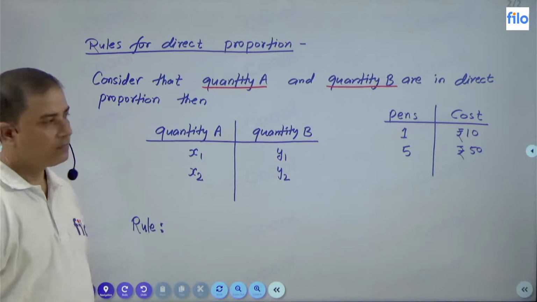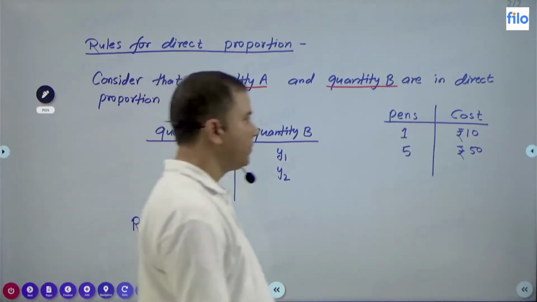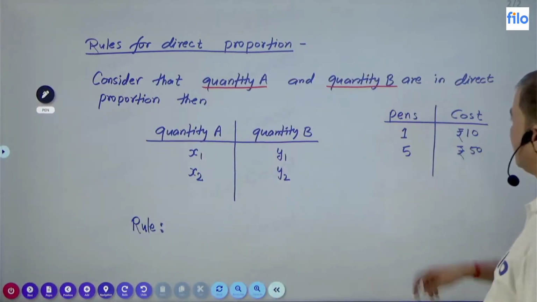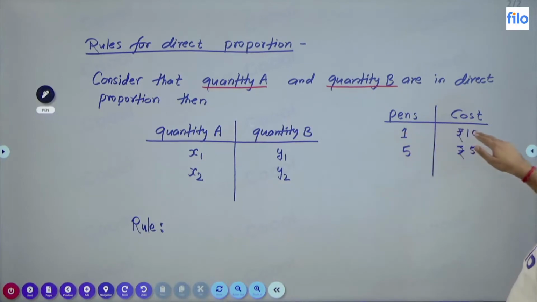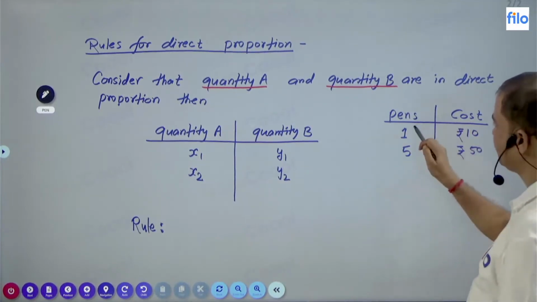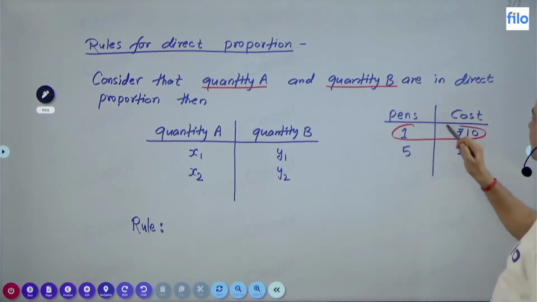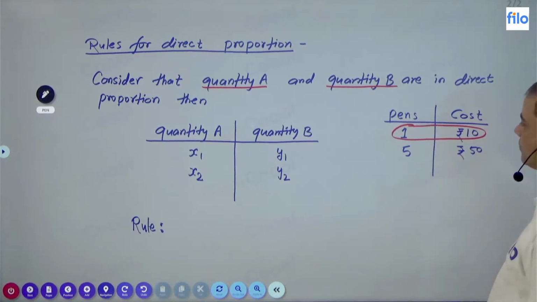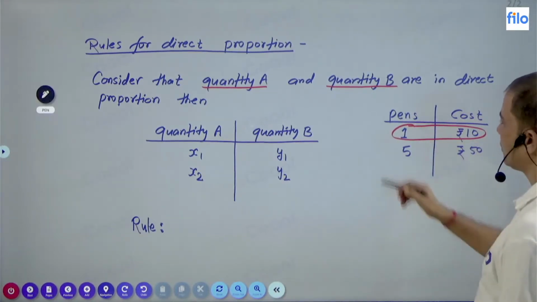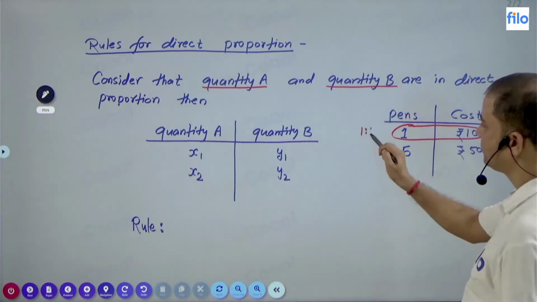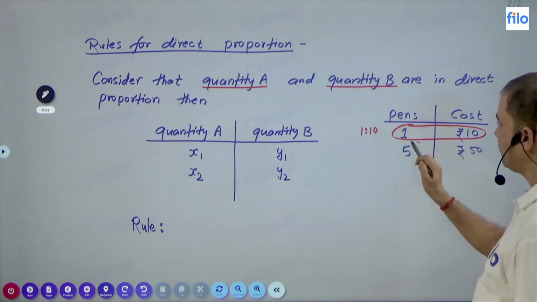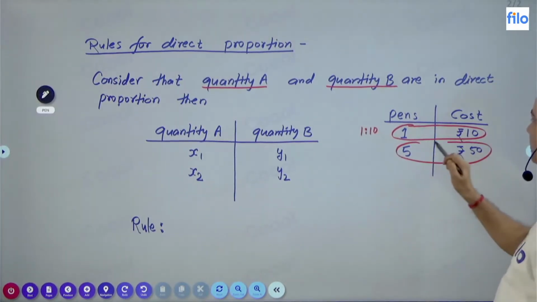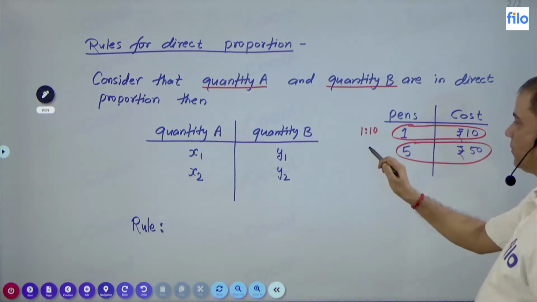Notice here: 1, 10. What is the ratio? 1 is to 10. And the ratio between 5 and 50 is 5 is to 50. What is the ratio?